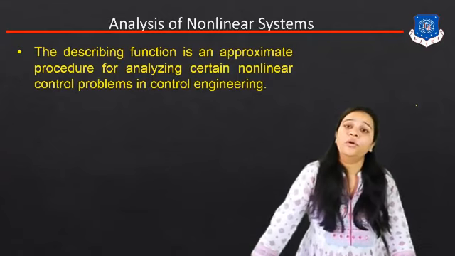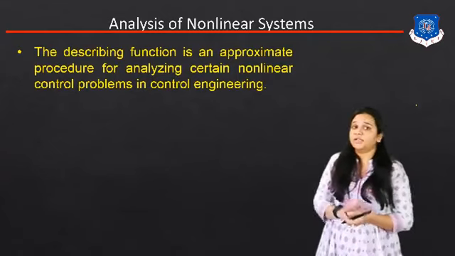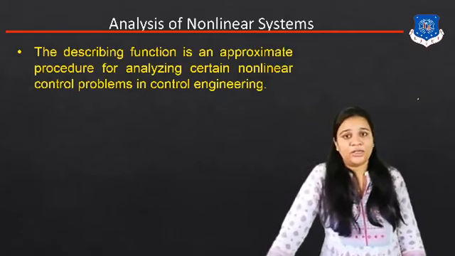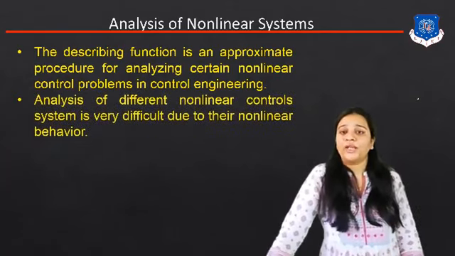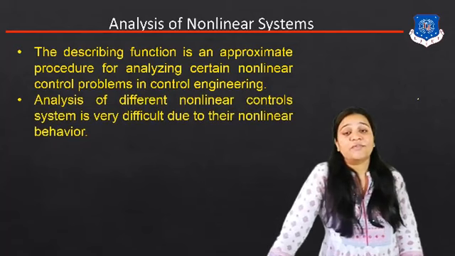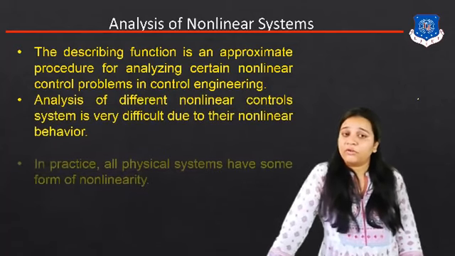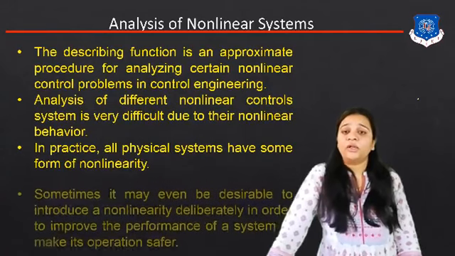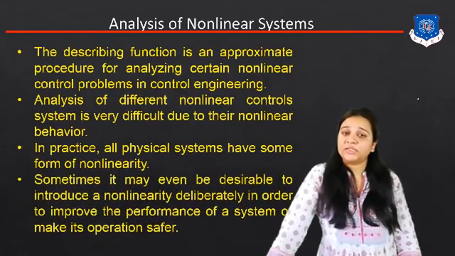Okay. Now the describing function is an approximation procedure for analyzing certain non-linear systems in control engineering. It is very difficult to find the non-linear behavior, so we have to find some non-linearity for this particular system and make its operation safer.